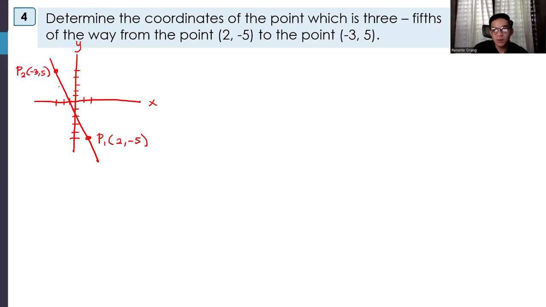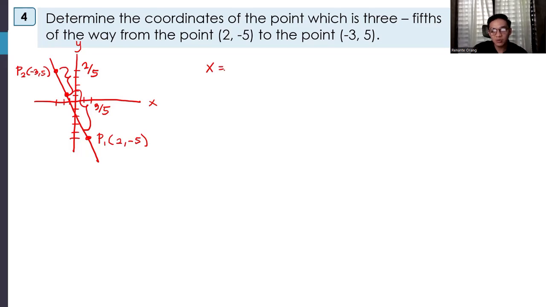So, 3/5 daw. Ilagay natin dito, for example, ito yung 3/5 na distance. So, therefore, ito yung ating 2/5. Diba? Kasi 1 minus 3/5 is 2/5. So, ano daw yung point natin dito? So, ang gagamitin natin na formula dito, class, is this one.